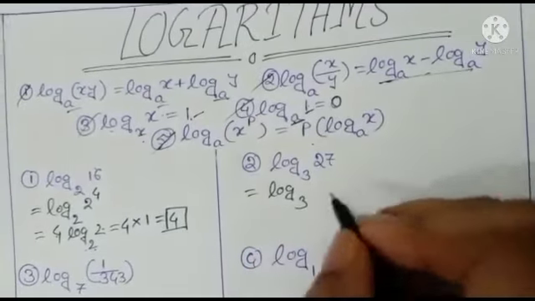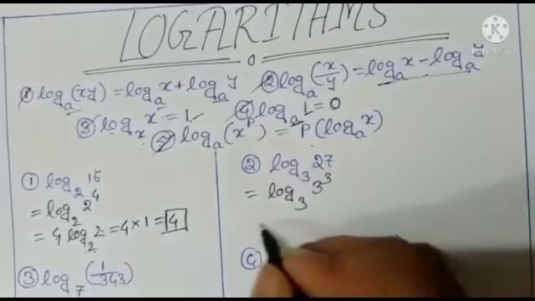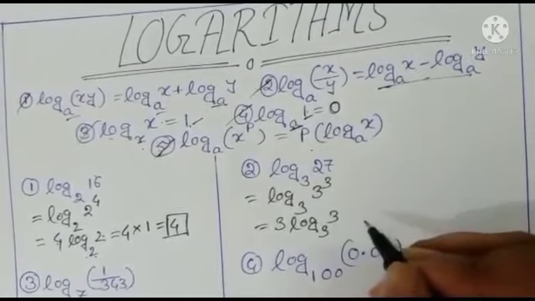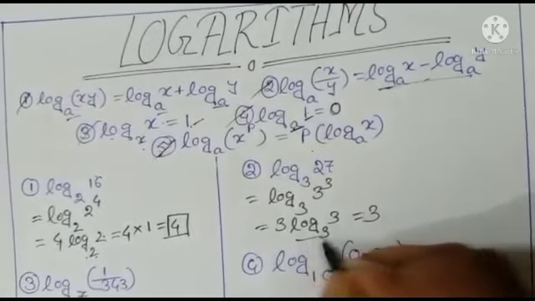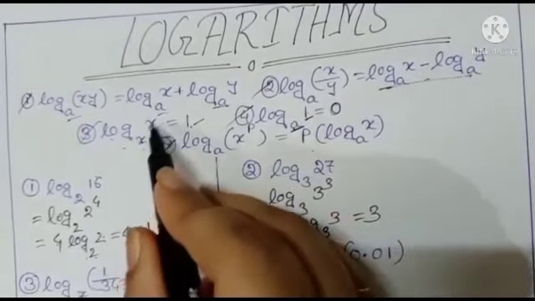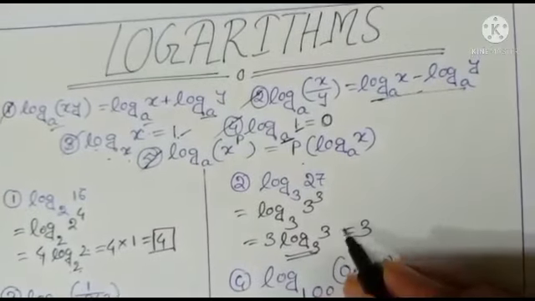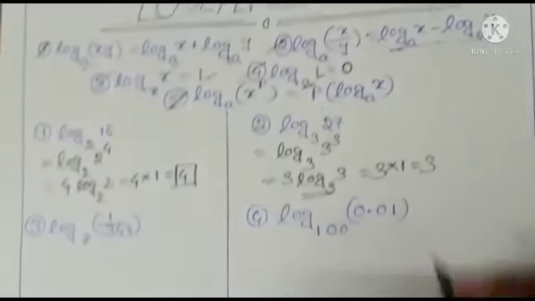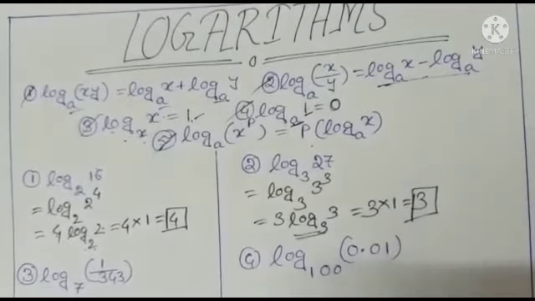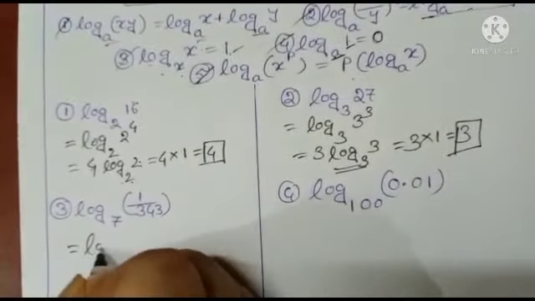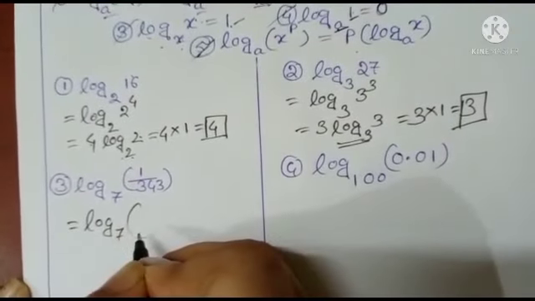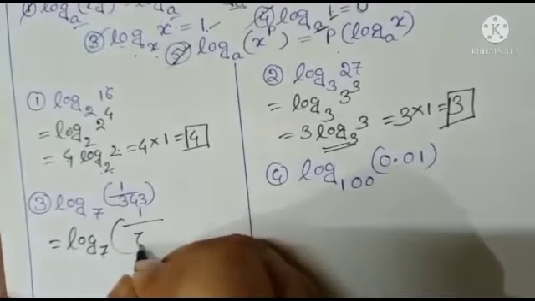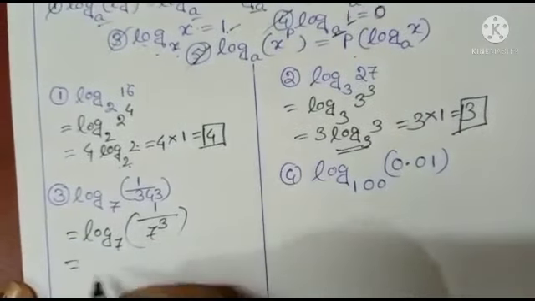log base 3 of 3 cubed, 3 log base 3 of 3. Same, log base x of x is equal to 1. Log base 3 of 3 is equal to 1, so 3. Next, log base 7 of 1 by 343. 343 means 7 cubed, 1 by 7 cubed.